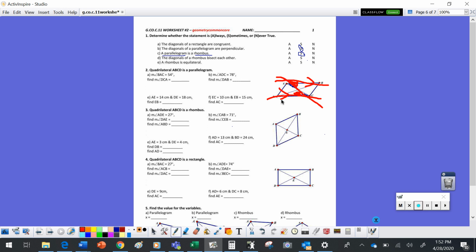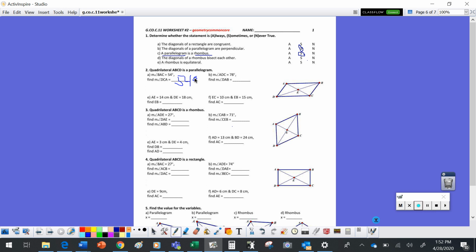And we know that on parallel lines, alternate interior angles have to be congruent. So if the measure of angle BAC is 54 degrees, that means the measure of angle DCA must also be 54 degrees.